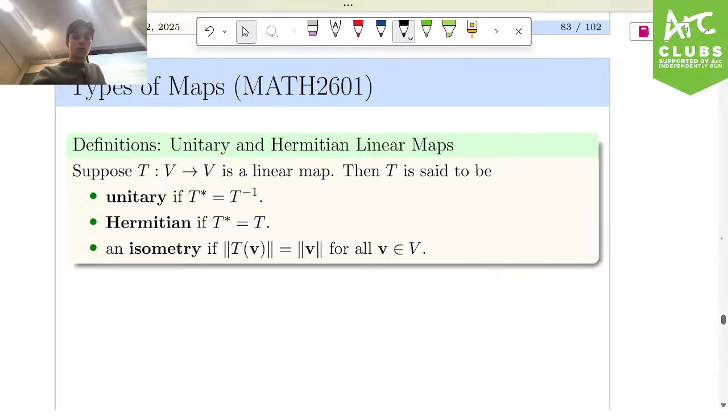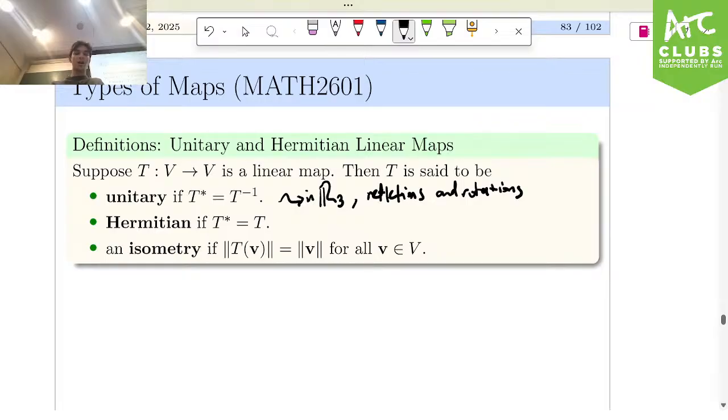Just to provide some intuition, in R3 these are reflections and rotations. Whatever they are in other vector spaces and other dimensions is just a generalization of that. Hermitian maps are linear maps for which their adjoint is equal to themselves, also called self-adjoint.